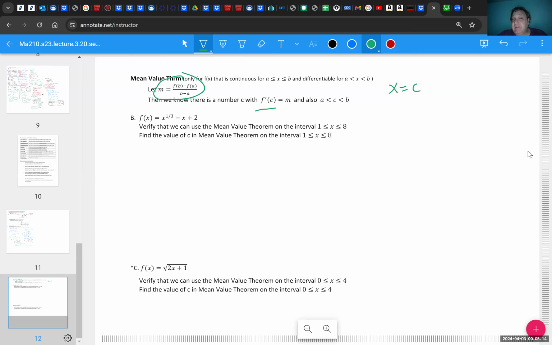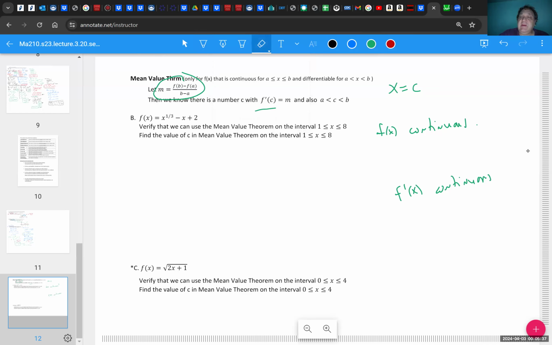The first two parts of the mean value theorem are the same as for Rolle's theorem, where we have to say that the function is continuous, and we'd have to say that the derivative is continuous. And we actually don't need it continuous everywhere.